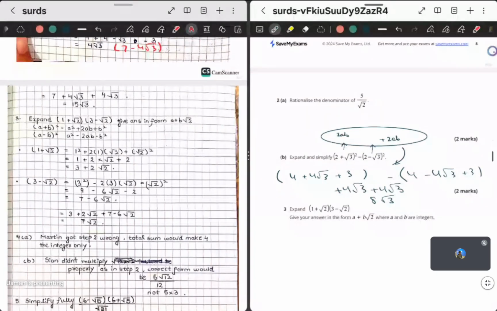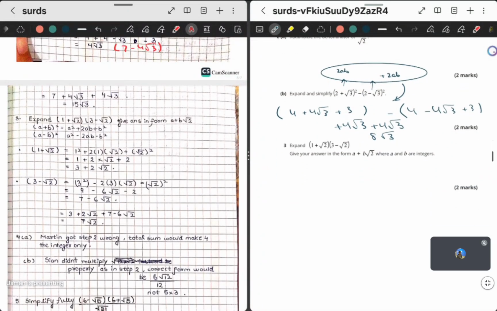Expand. Okay, so you can't directly expand this, can you? Right? So it will multiply with each term.